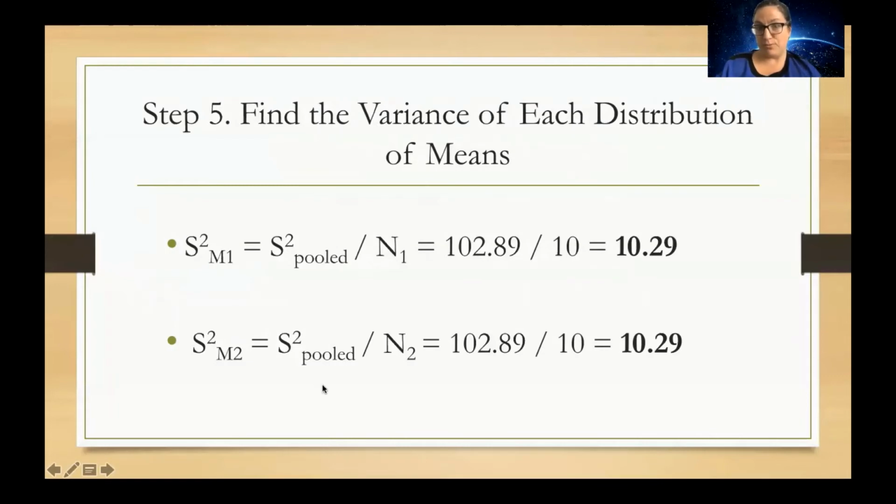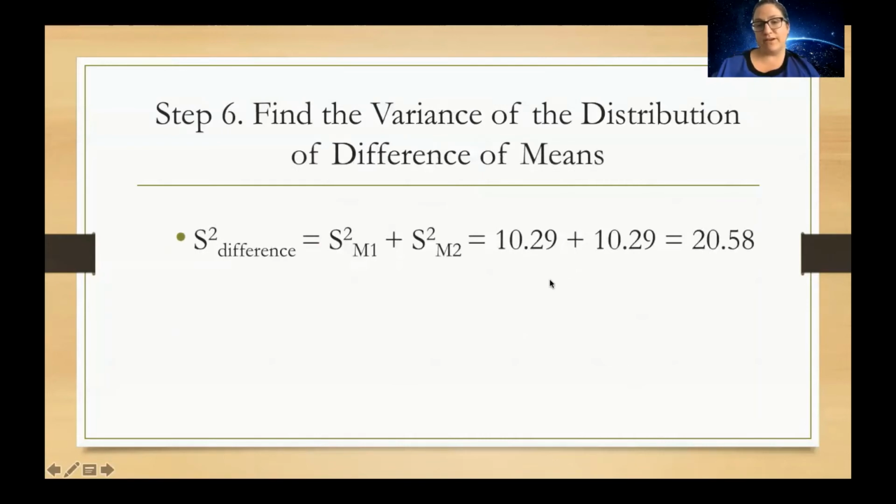It's the variance pooled for the two groups, divided by the sample size. So we do 102.89 divided by 10, that's 10.29, and 102.89 again divided by 10 is 10.29. If the ns were different between groups, these numbers would be different. But if the ns are the same, the variance for each distribution of means is always going to be the same.